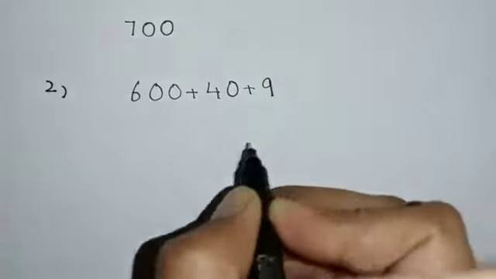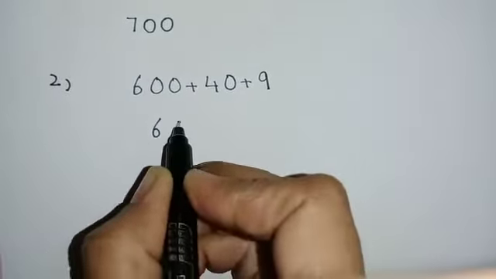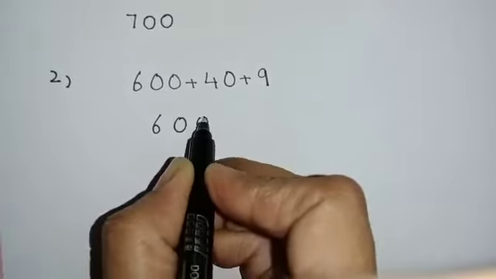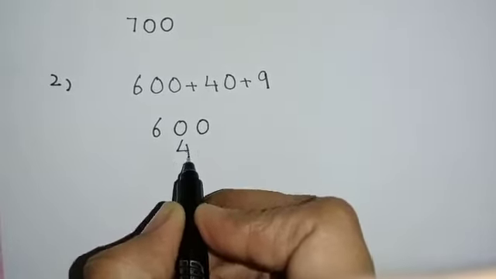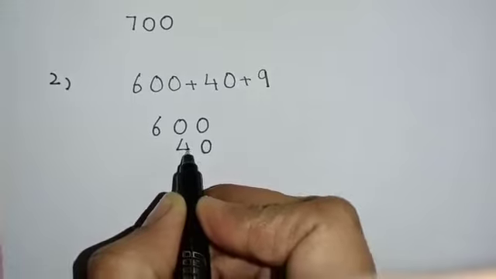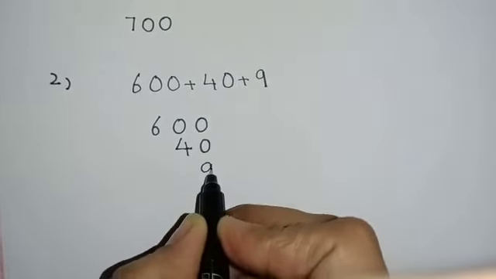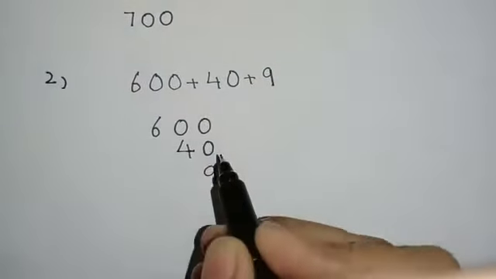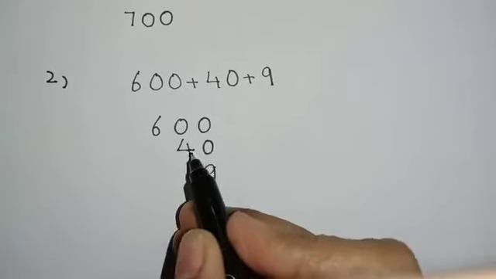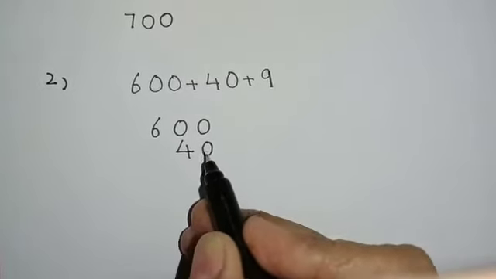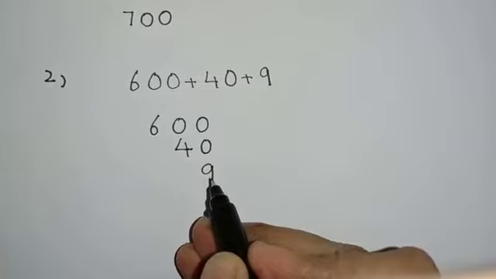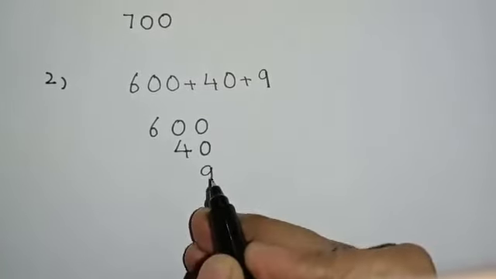Now we will add it. Look at this. Now we write 40 here and the last one is 9. Students, as you know we always start from the right side, so we write ones and tens. 40 here and 9 is only ones, so we write it in the ones place.